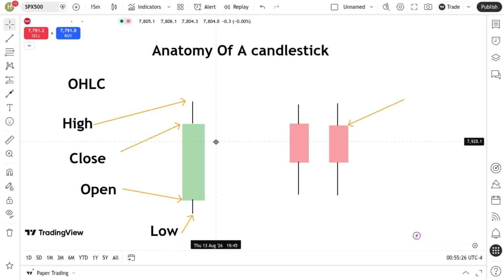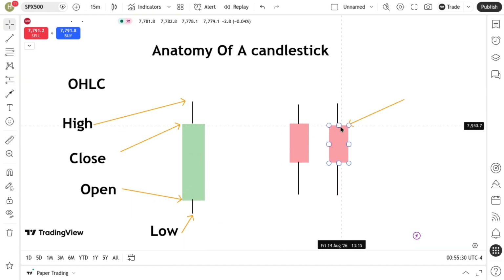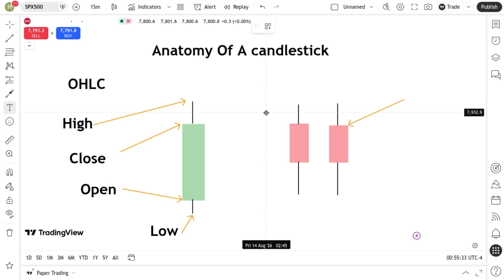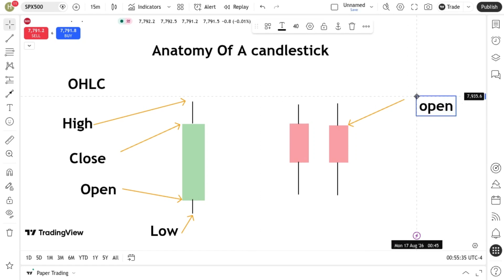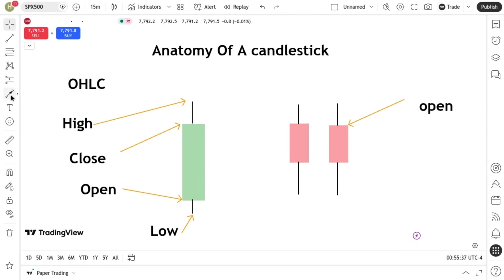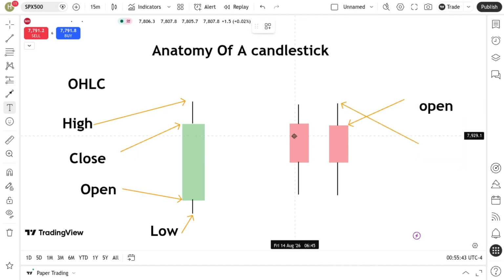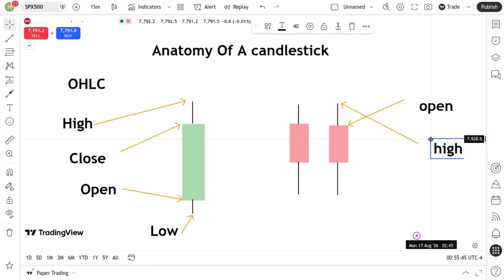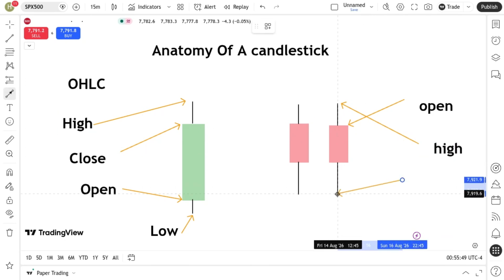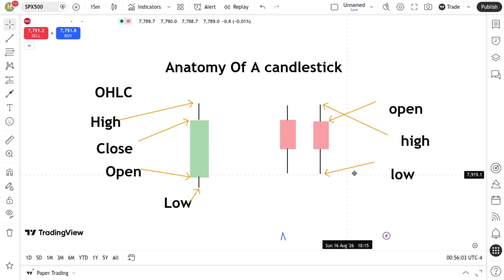If you're going up, the open of the candle is down here. If you're going down, the open of the candle will be here. So that being said, this is the open. This up here is the high. This down here is the lowest point that this candlestick was.